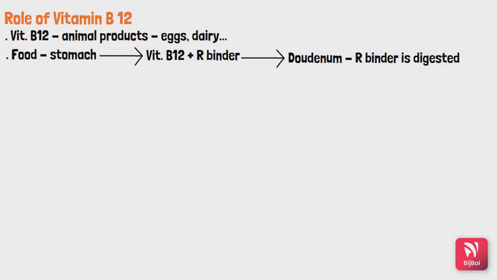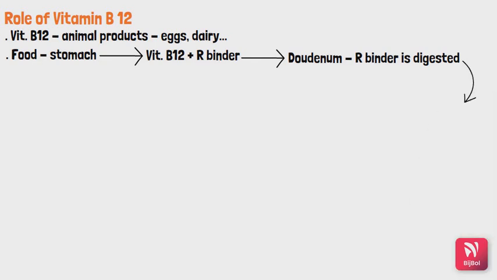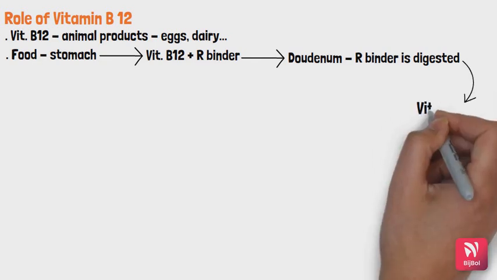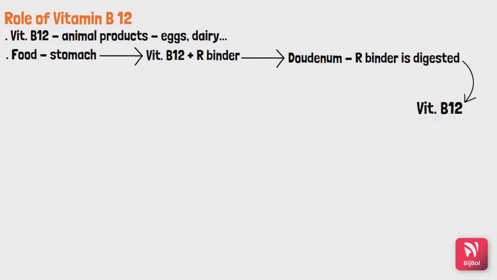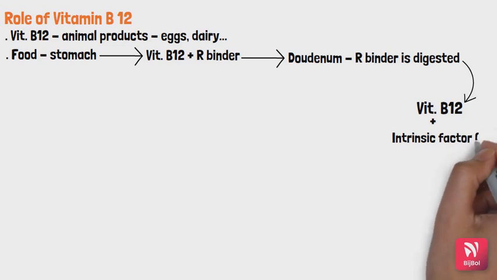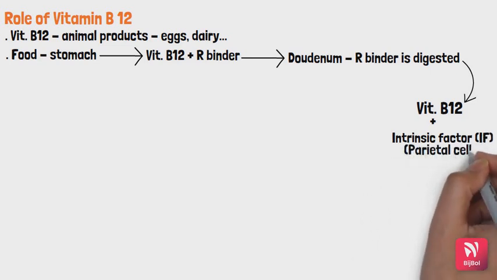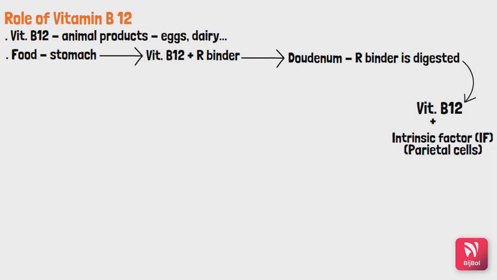Now that vitamin B12 is free, but the absorption of vitamin B12 occurs at the ileum only. Only from there can it be taken to the circulation and everywhere. But how does it reach the ileum? With the help of intrinsic factor, which is secreted by parietal cells of the stomach.